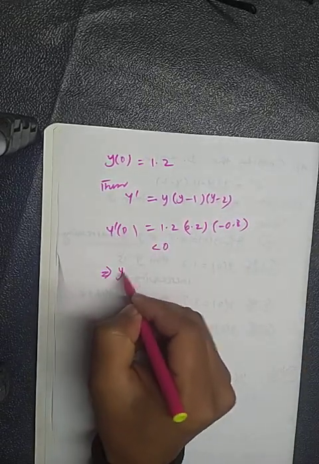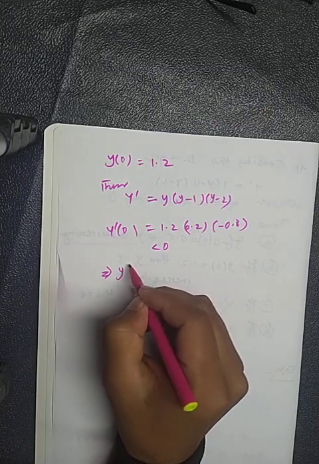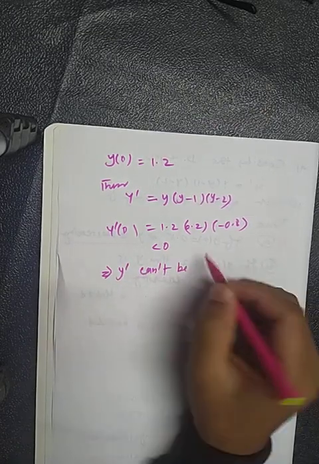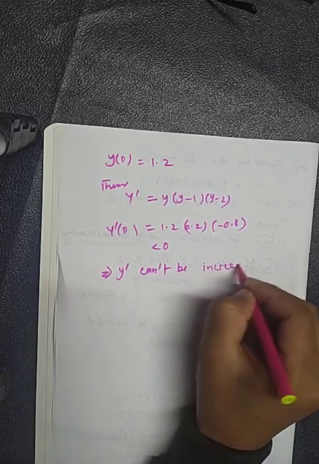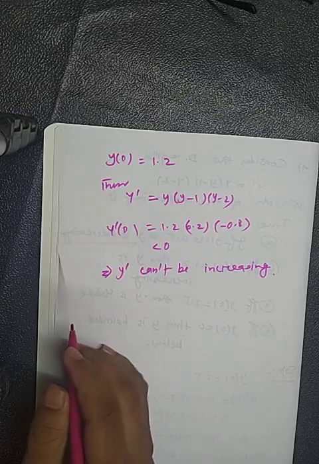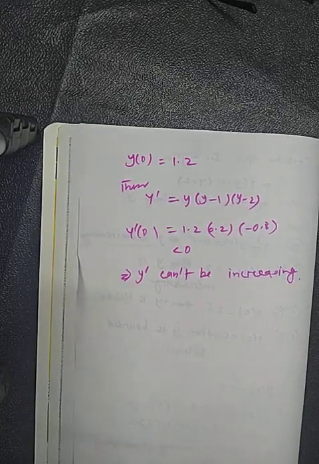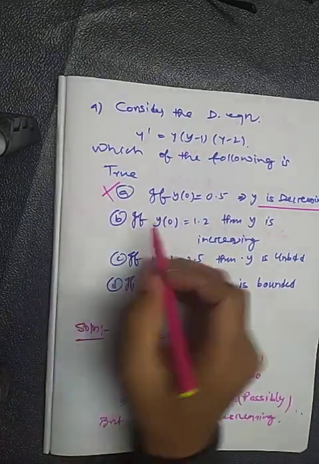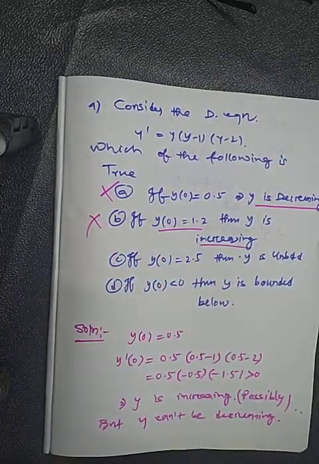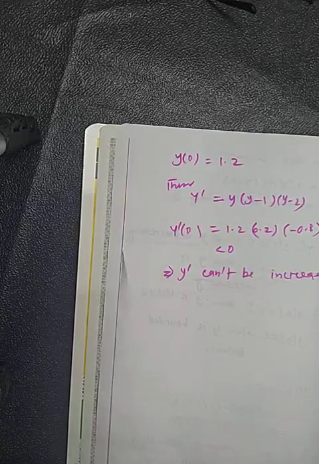This implies y cannot be increasing. What is given here is that y is increasing, but we got that it cannot be increasing, right?